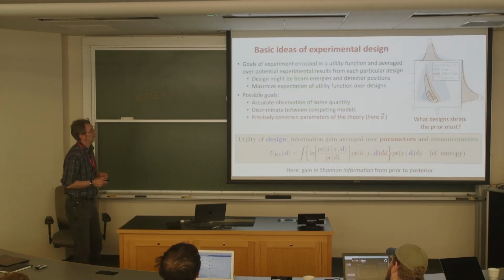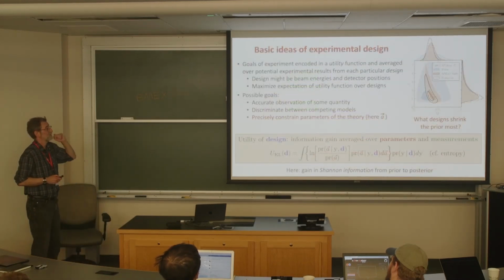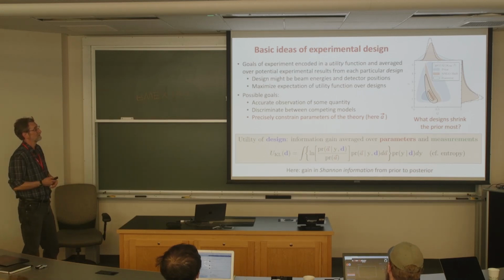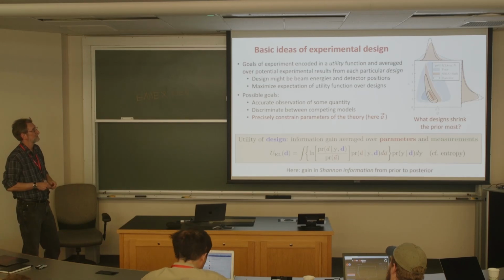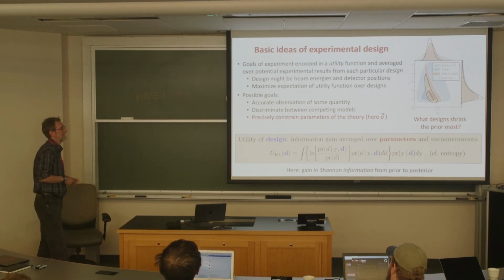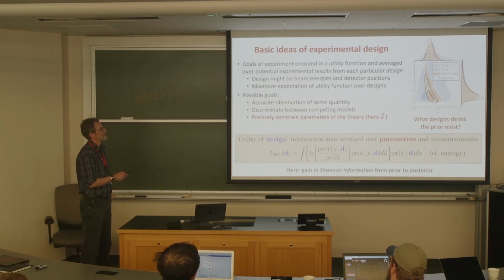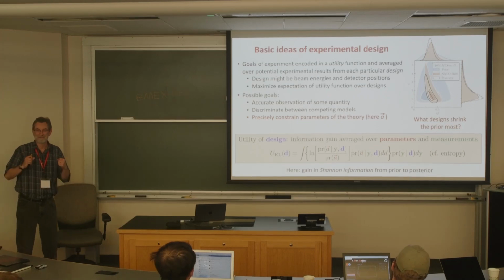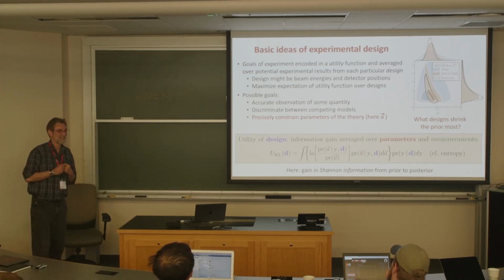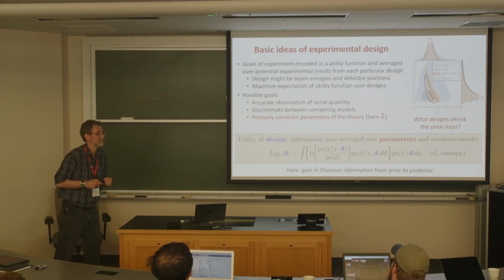So let's think about some ideas of doing experimental design. Here I mean, in this case, doing an actual experiment. And this is in a framework where we're going to introduce a so-called utility function, which is going to tell us how much we gain by doing a particular experiment.